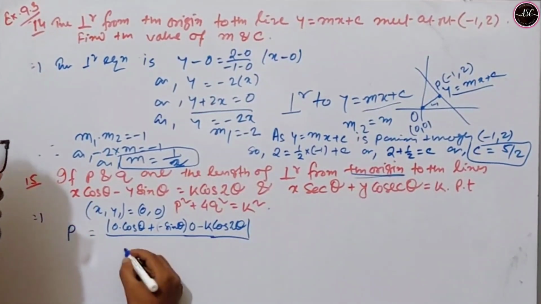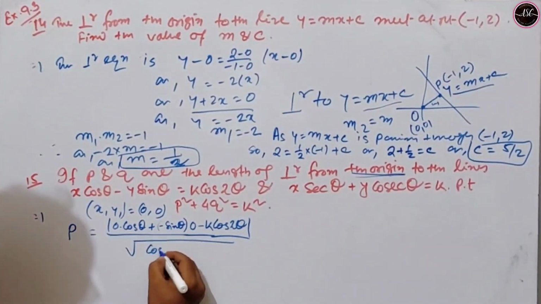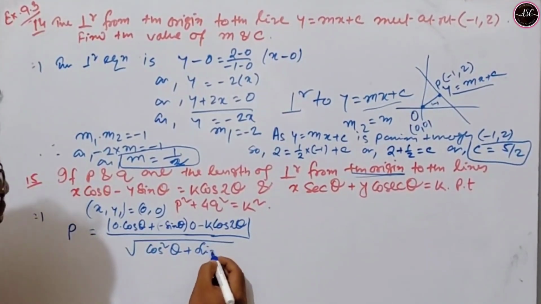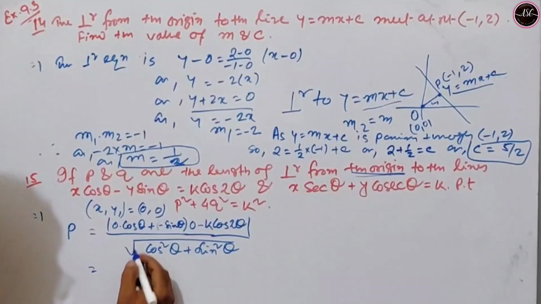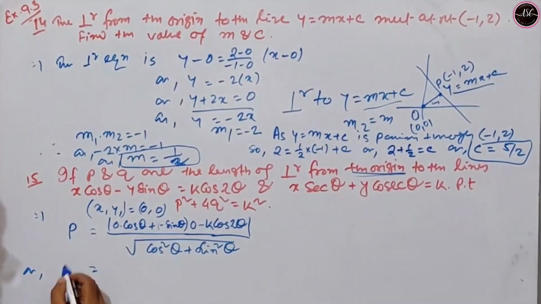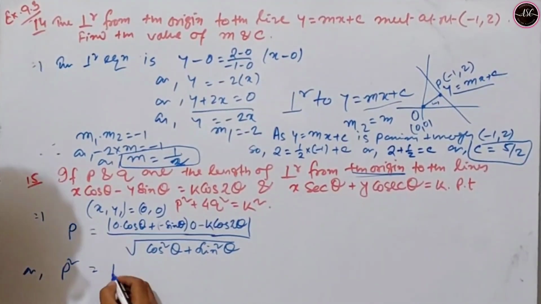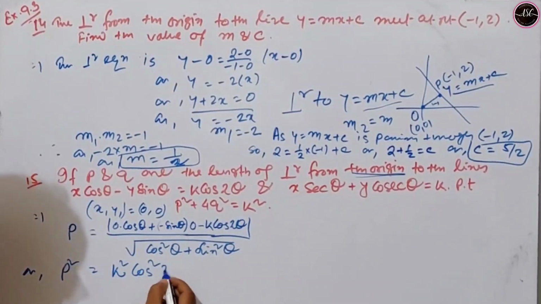Divided by root of cos square theta plus sin square theta. Here if we square both sides, we get p square equal to k square cos square 2 theta.